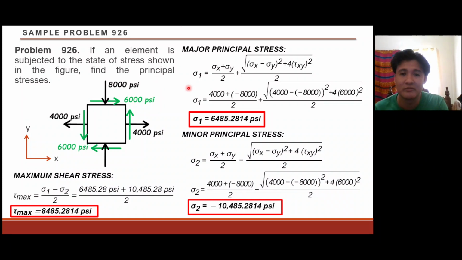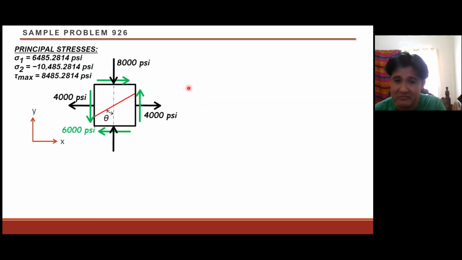Okay na tayo sa problem na ito. Before we proceed, gusto ko lang ipakita yung mga other possible na pwede kong ipahanap sa inyo sa inyong mga exam. So, nahanap na natin yung mga principal stresses. Principal stress 1, that is 6,485.2814 psi. Minor principal stress, that is negative 10K. Tapos yung maximum shear, that is 8,000.